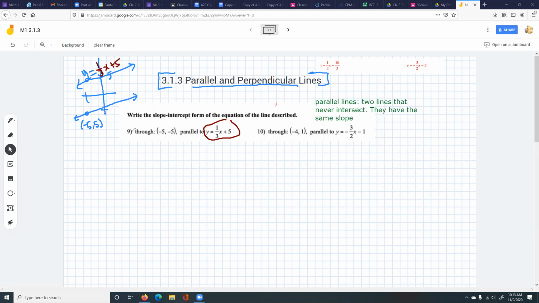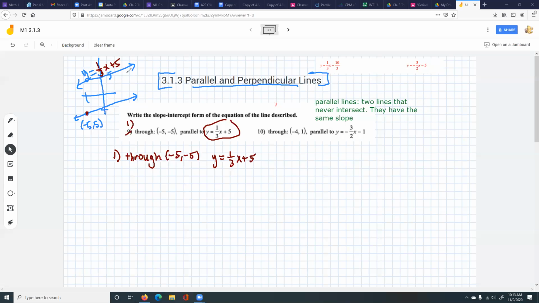So go ahead and write this down if you haven't. It says 9. You can write 1 or 9, I don't care. I'll change it to number 1. So it's going through the point negative 5, 5, which we graphed right here. And it's parallel to the line whose equation is y equals 1/3 x plus 5.